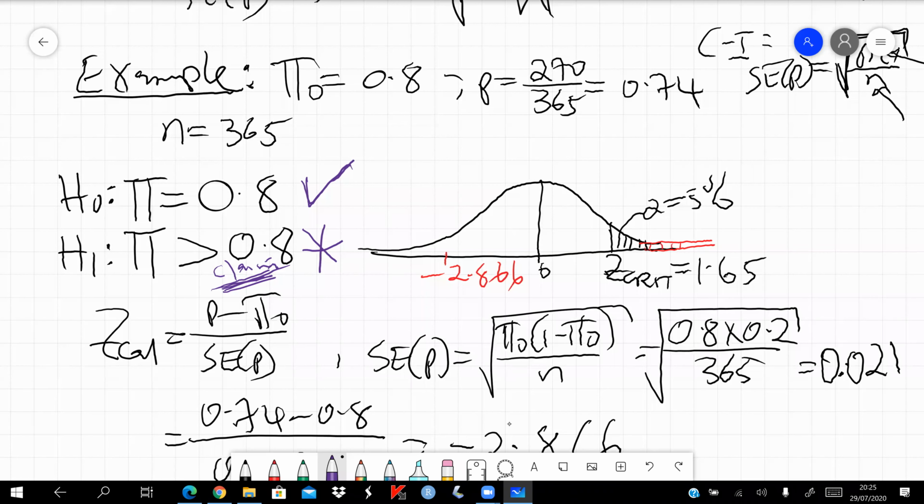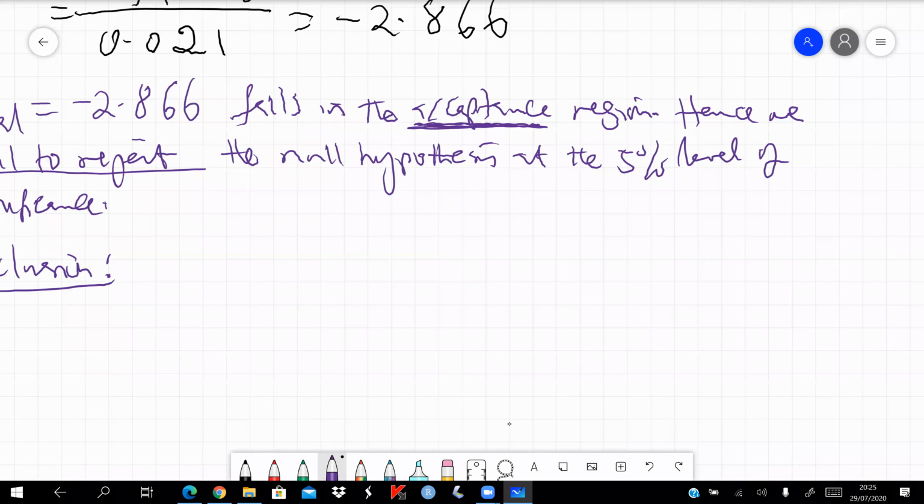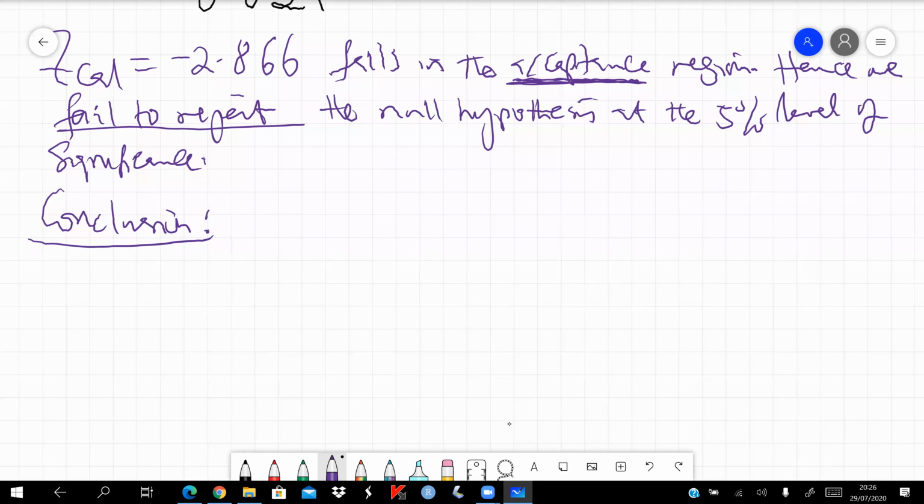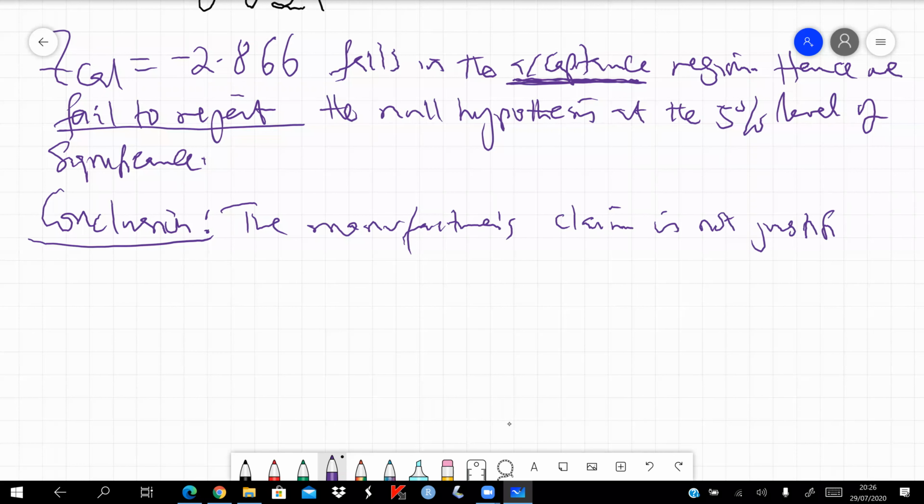So the claim is not justified, at least according to the data that we have. That's the answer to the question.